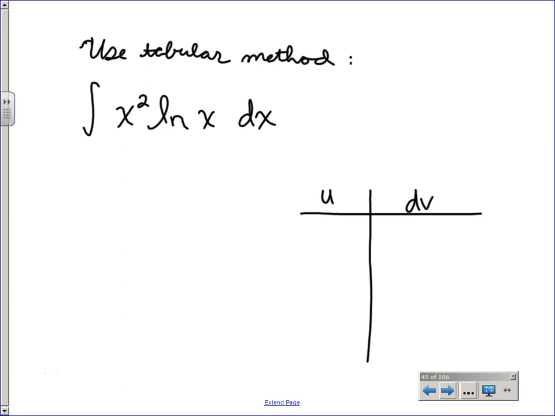Start with an ln when you have it, not with a polynomial. Oh, because you have to integrate ln. You should start with ln.